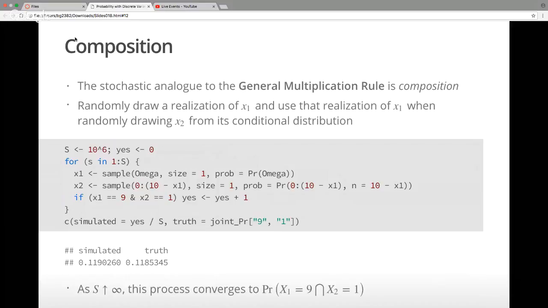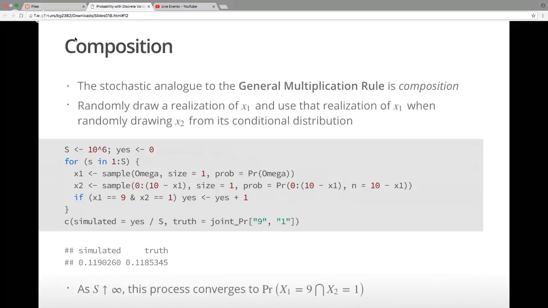In order to implement that with just simulations in R, we need to draw a realization of x1 and use that realization of x1 when randomly drawing a realization of x2 from its conditional probability distribution. And if we do that over and over again, this is going to converge to the probability of whatever we want.